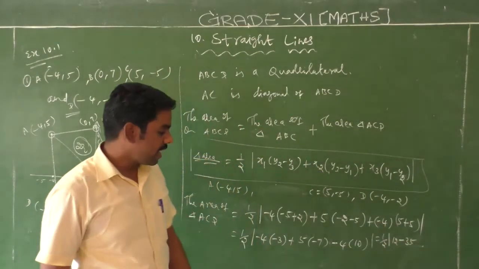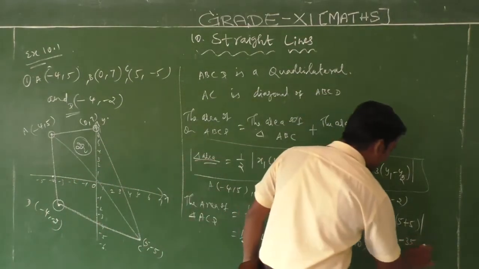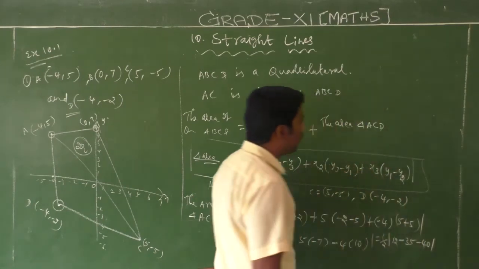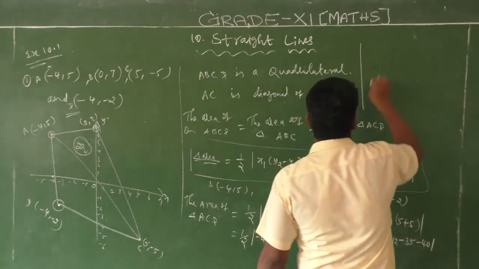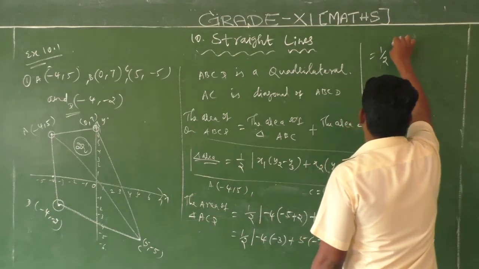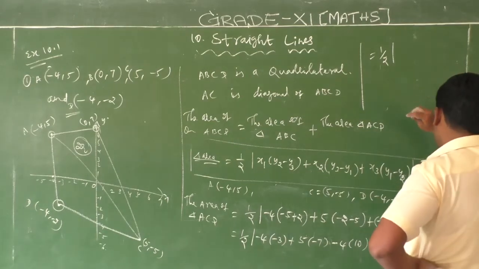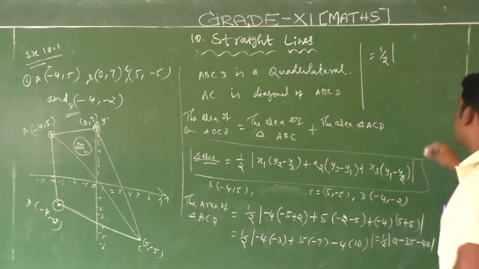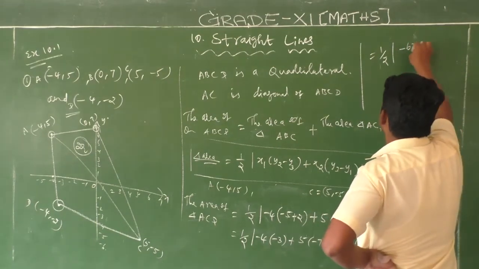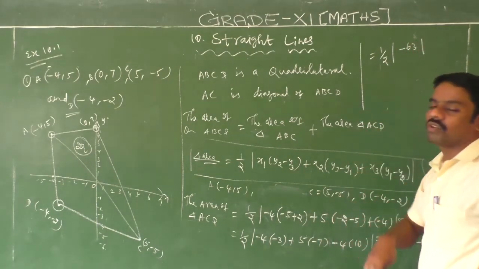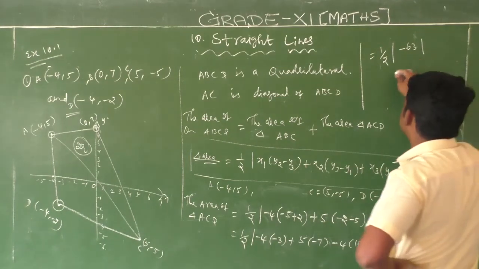Minus 4 times 10 is minus 40. So 12 minus 35 minus 40: minus 35 minus 40 is minus 75, plus 12 is minus 63. The modulus of minus 63 is plus 63.